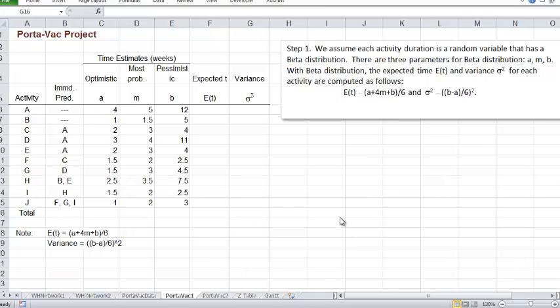So how we do this is we assume that each activity duration is a random variable with a beta distribution. Beta distribution has 3 parameters, A, M, and B. And with these 3, we can find the expected time and the variance for each activity duration. A beta distribution looks something like this. Here's the axis. Here's your shortest possible time, and then the most probable time.